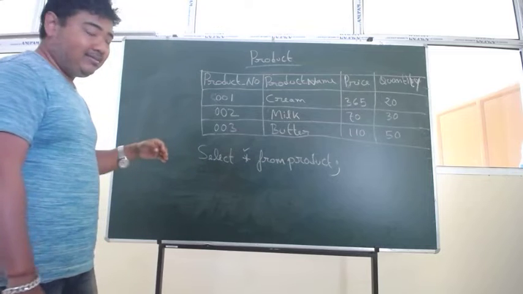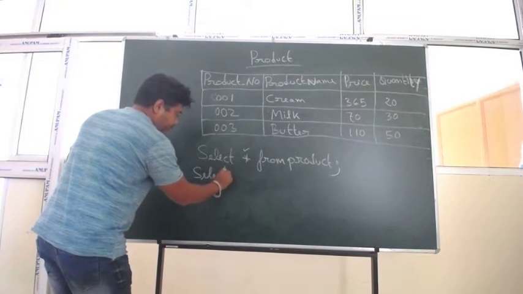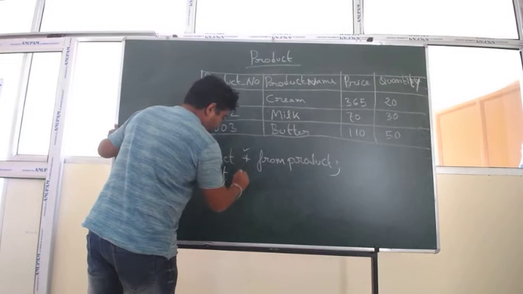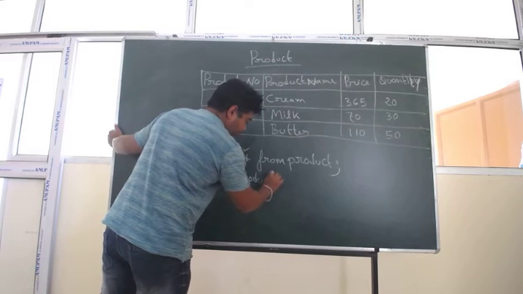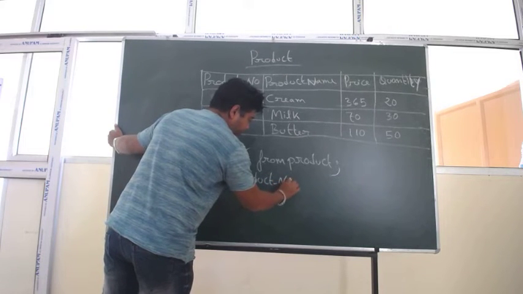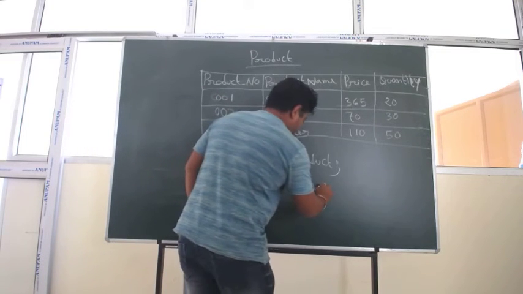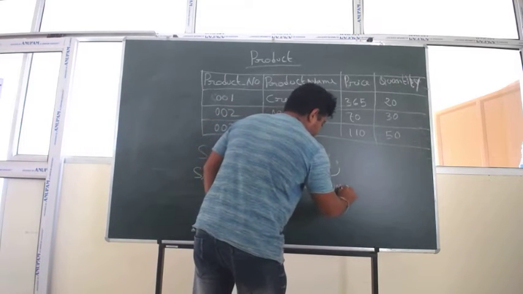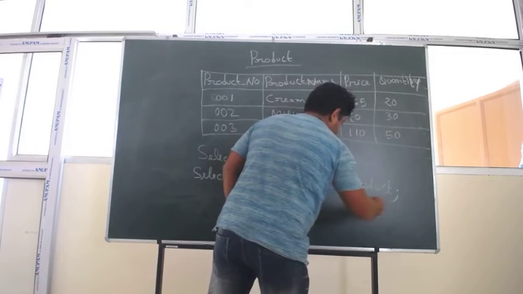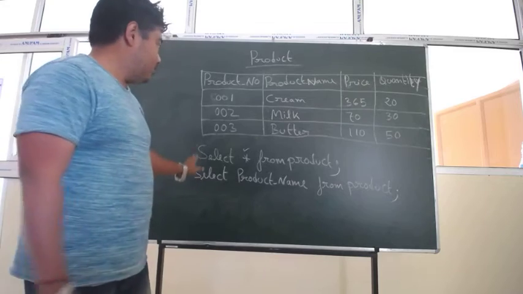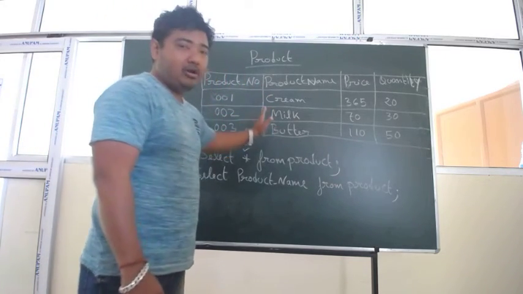So in that case, the command will be select product name from product. See, so only the product name, that is cream, milk, butter, like this product names I have given.